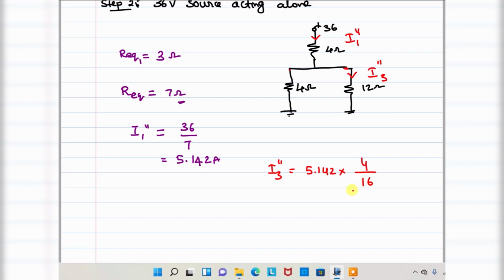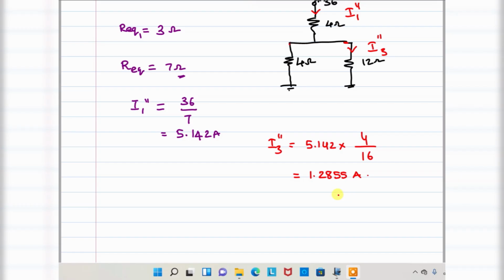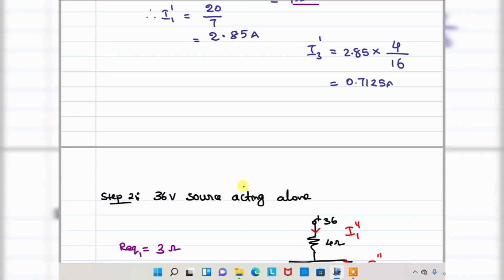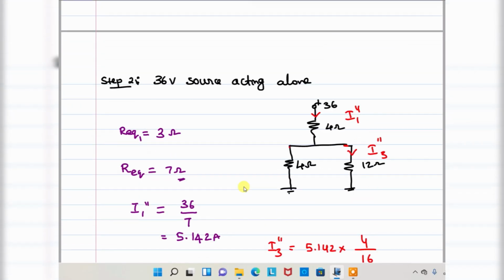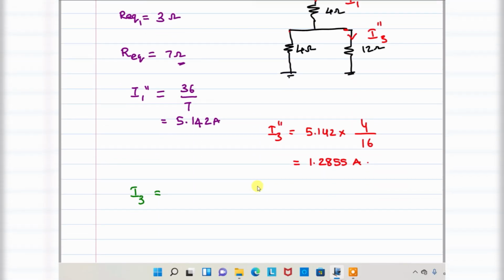So current will be 1.285. Finally, final result, I3 current flowing through the 12 ohm resistance, that is I3 prime plus I3 double prime, that is 0.7125 plus 1.2855. This is the total current.